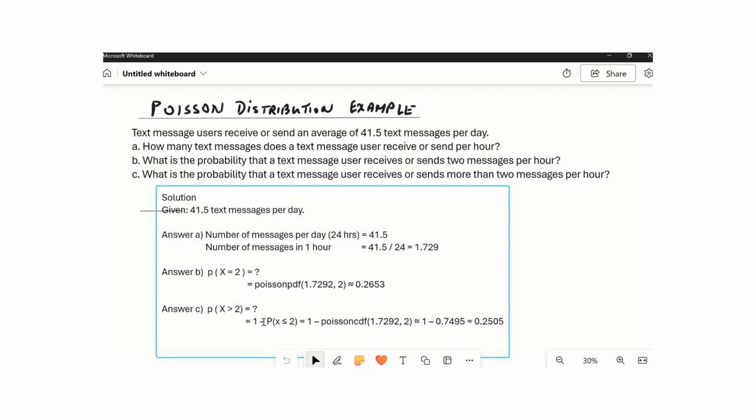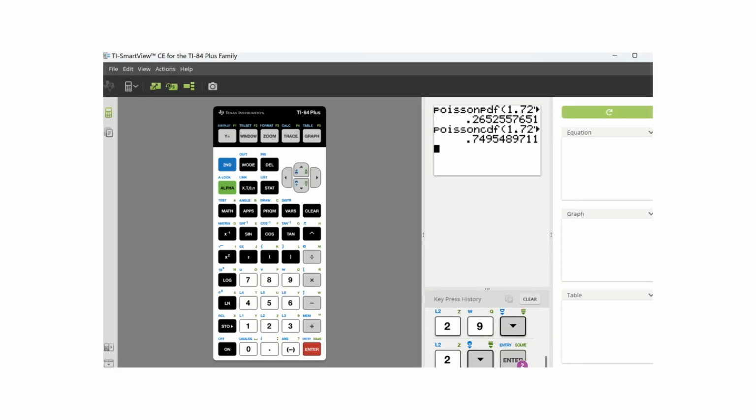So 1 minus 0.7495 is 0.2505. So the probability of getting more than 2 text messages in a given hour is 25.05%. And that's how you calculate probabilities under Poisson distribution using the TI-84.